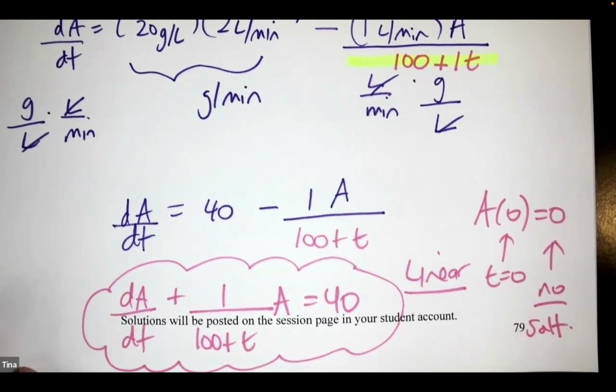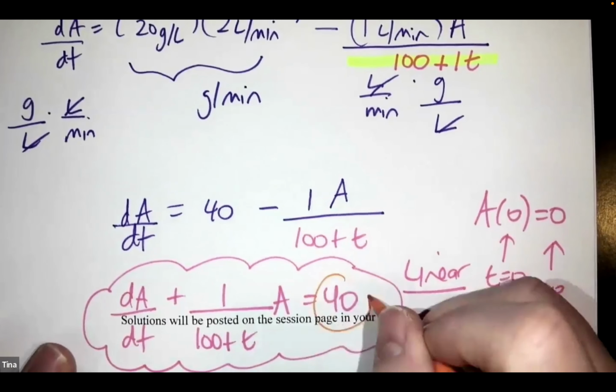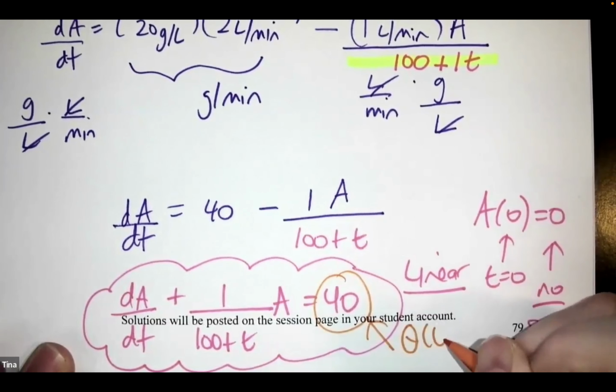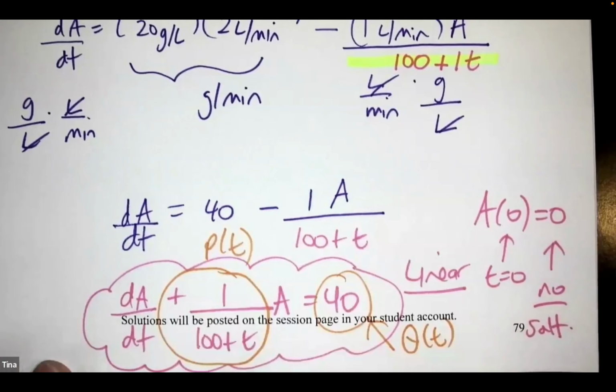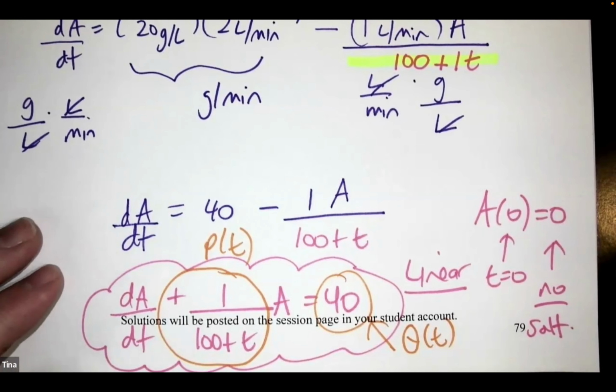So to solve this as a linear, this would be called our Q of t, and this would be our P of t. And then we could use our method of linear to solve it. Okay. Questions? All right, let's do it.